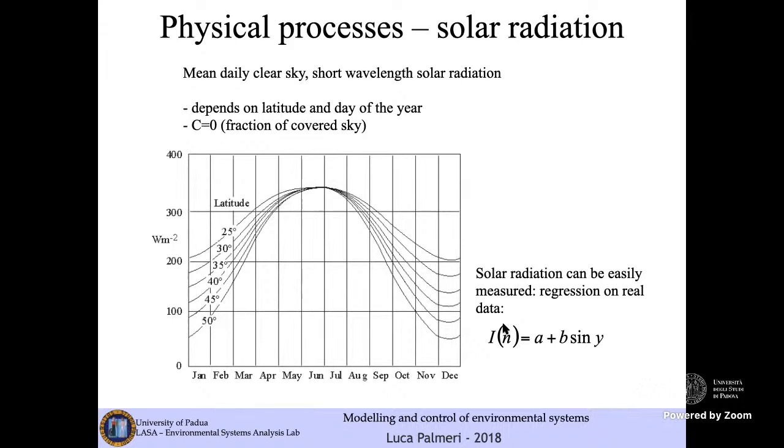we have said that this function, that is an experimental function, is obtained by measuring the solar radiation at different latitudes and along all the time of the year, and is based on the assumption of clear mean daily clear sky short wavelength solar radiation.